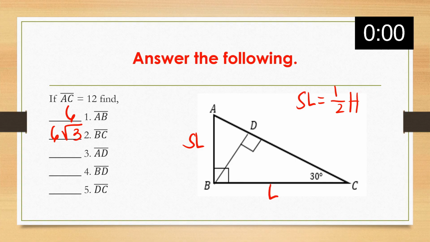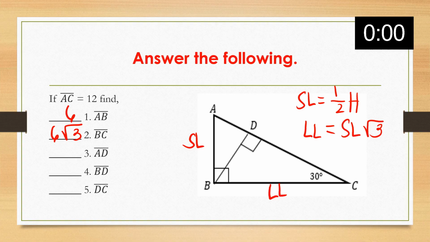And to get the longer leg, the longer leg is equal to the shorter leg times the square root of 3. Since our shorter leg is 6, we have here 6 square root of 3 as the length of line segment BC. How about the length of line segment AD?